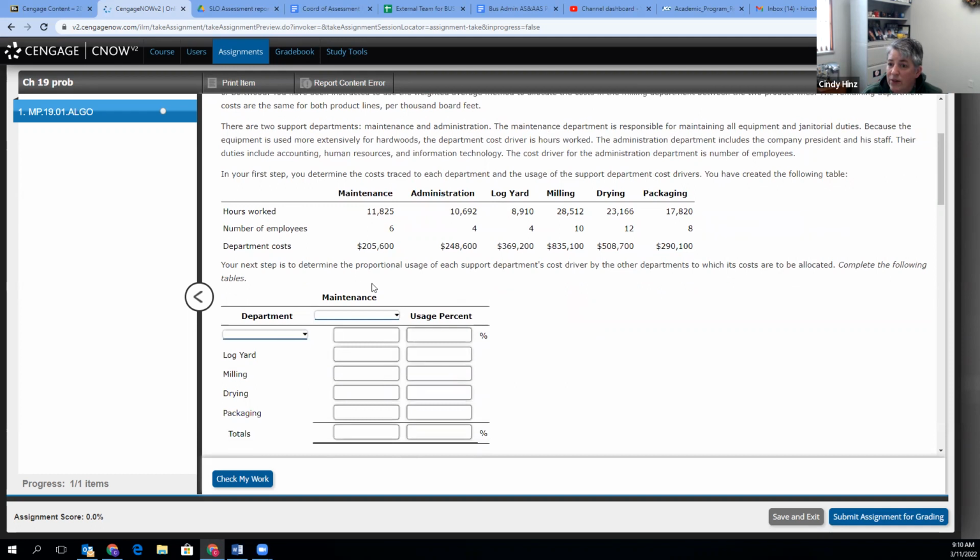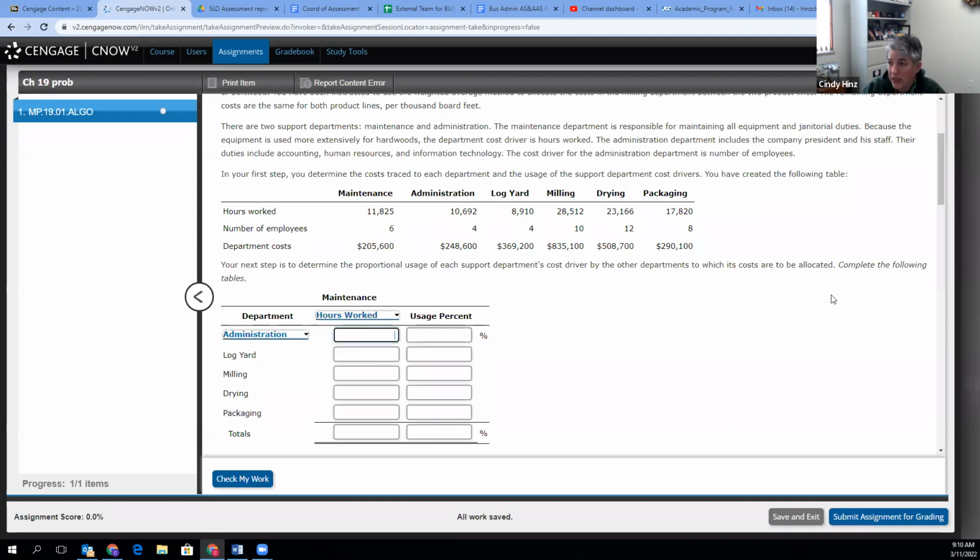So the first thing we're asked to do is to determine the proportional usage of each support department by the other departments where it's allocated. As we said, maintenance is going to be allocated based on hours worked, and we'll be allocating maintenance to administration and the other 5.